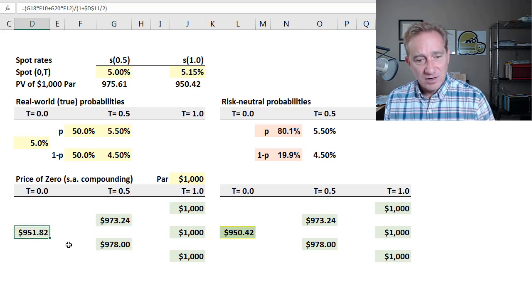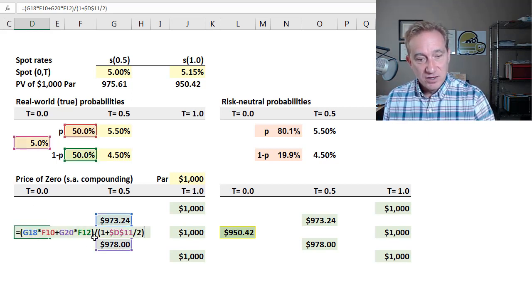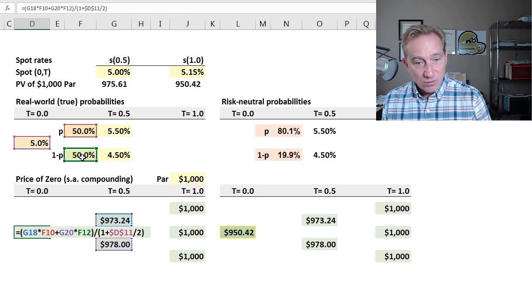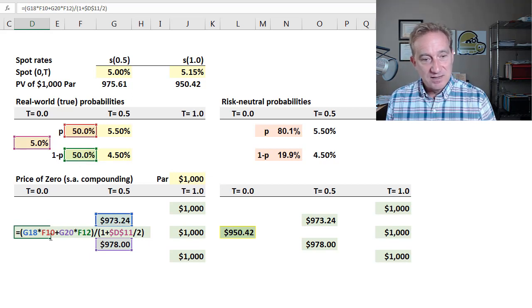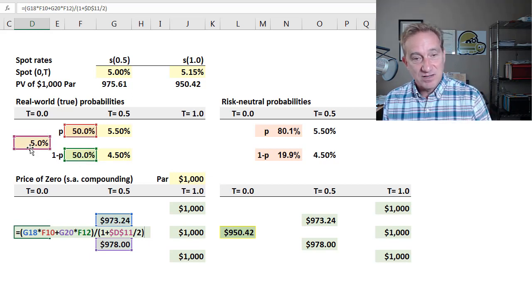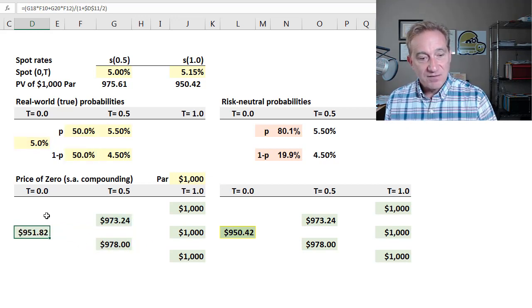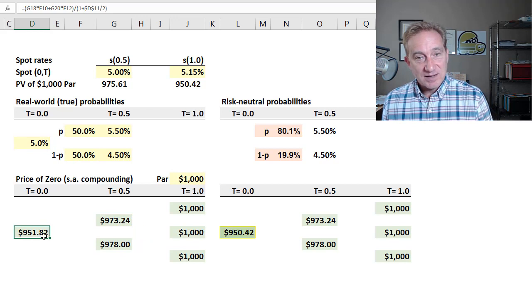And then, one more step in the backward induction, going back to the initial value here, we're similarly taking these two nodes, weighting them by the real world probabilities, and discounting back at that 5%, which is the initial 6-month rate, giving us here an expected discounted value of this 1-year zero coupon bond of $951.82.